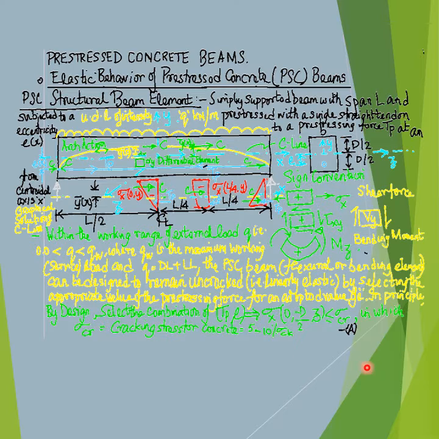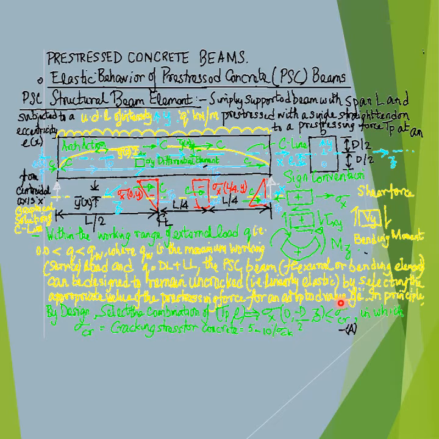It may be noted here that in case the limiting value of the cracking stress, sigma CR, that is specified for the concrete in the design statement or the design parameters represented by equation A is 0.